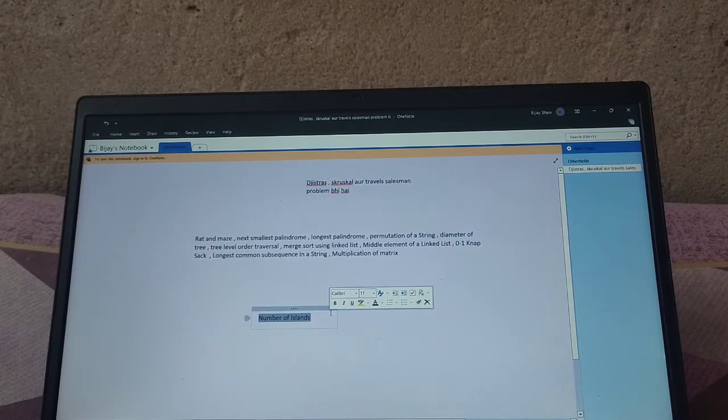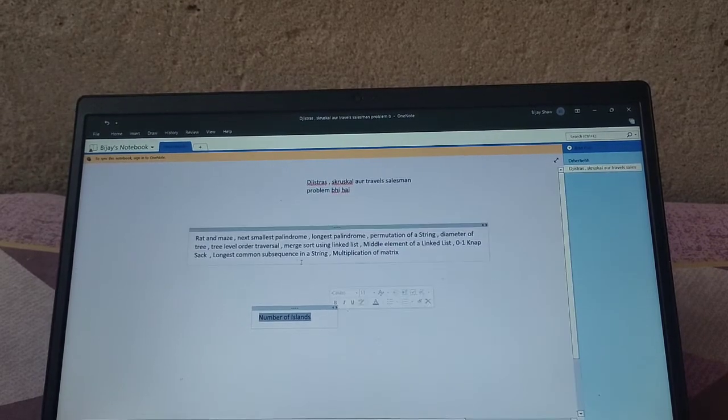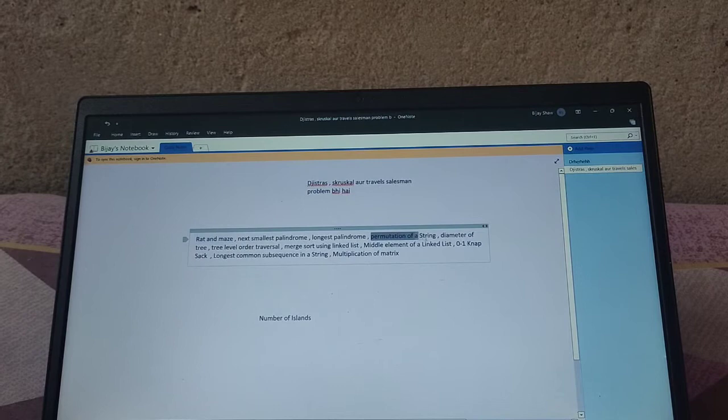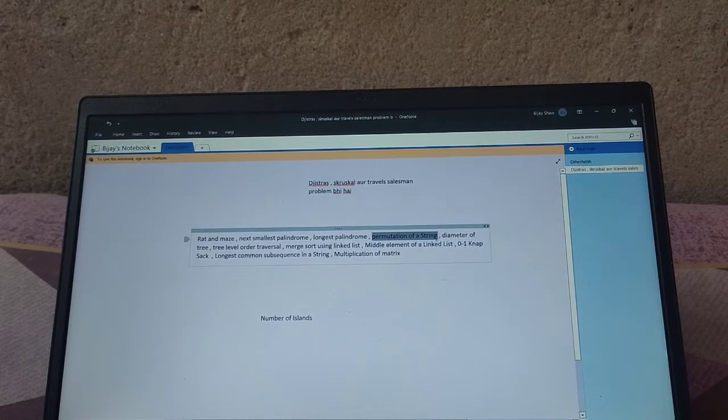Okay, so a lot of questions from DP. We will talk about whatever DP questions they have asked, and also backtracking questions were asked. First we will go with backtracking. For one experience, they asked the rat in a maze problem. One was also permutations of a string, so both were backtracking questions.